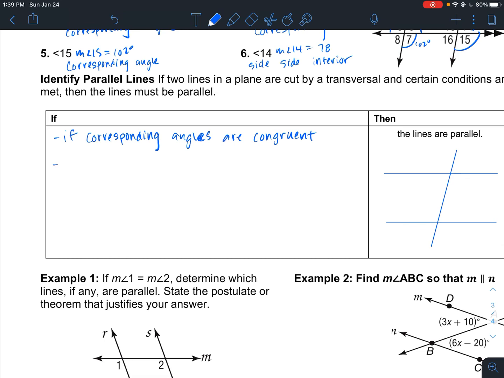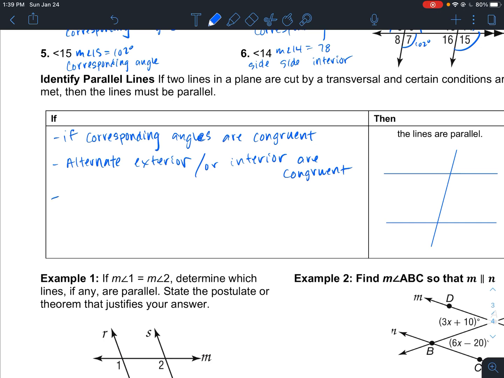If alternate exterior or alternate interior angles are congruent, then these lines are parallel.